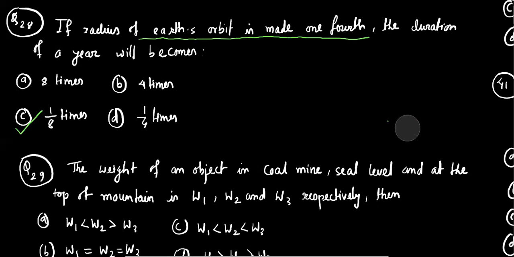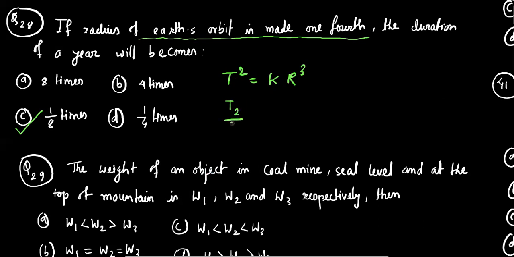Now if we want to solve it quickly, then just use this particular relation: t square is k times r cube. Now just generate one relation.